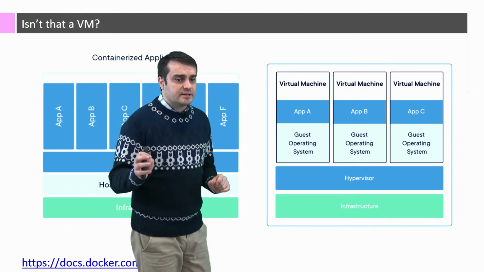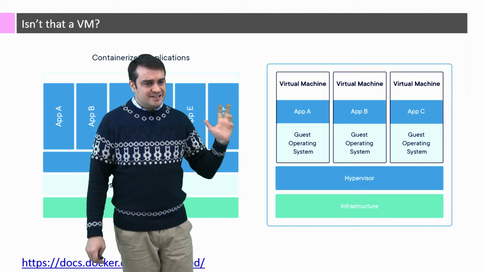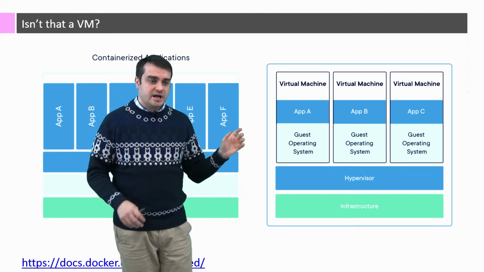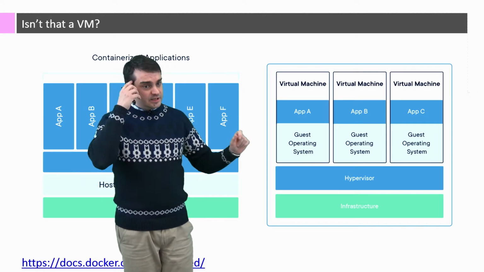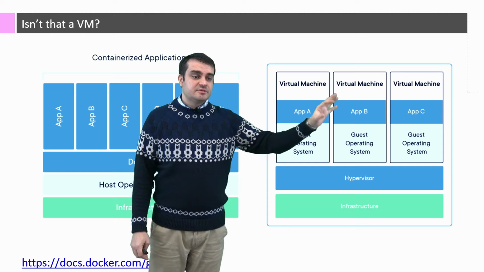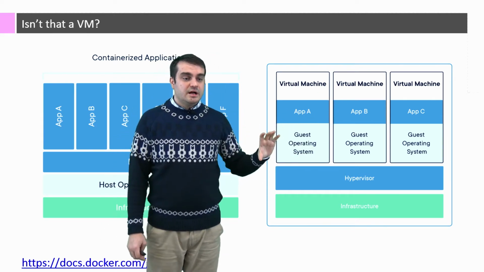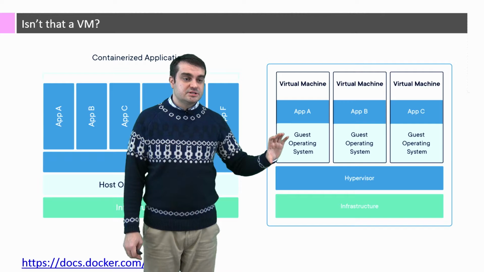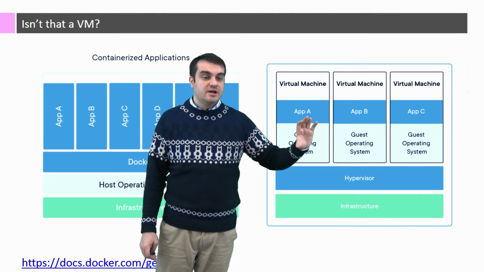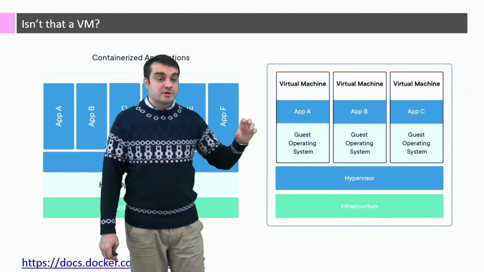This might look a bit at the beginning like virtual machines, but let me explain the difference between virtual machine architecture and the containerization architecture. In a virtual machine architecture, you might want to have different virtual machines for your different applications, but this means that you have to spend resources such as memory and time on each guest operating system in order to run your application.